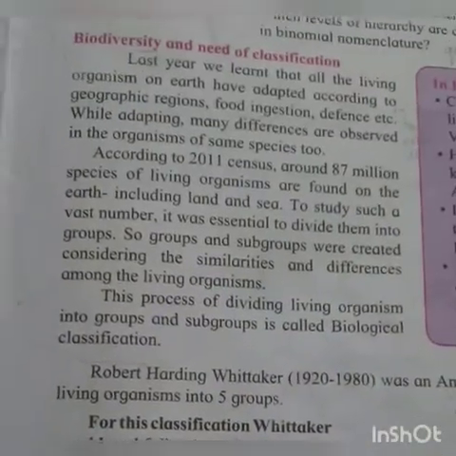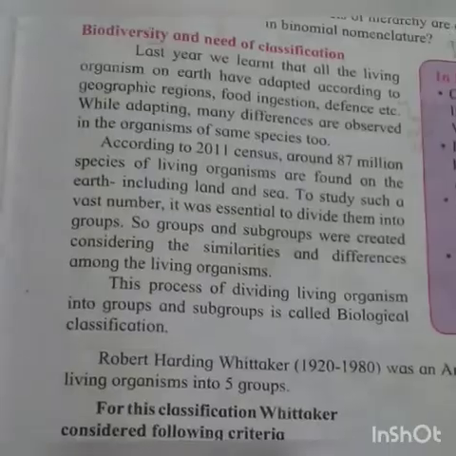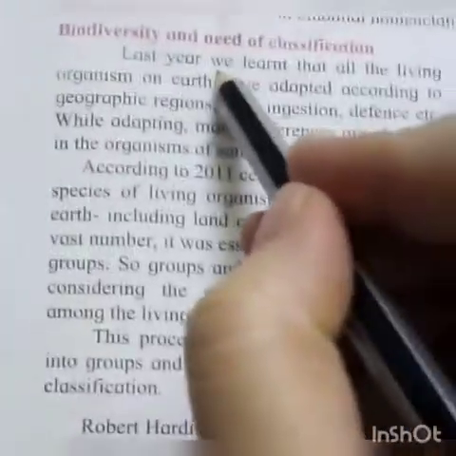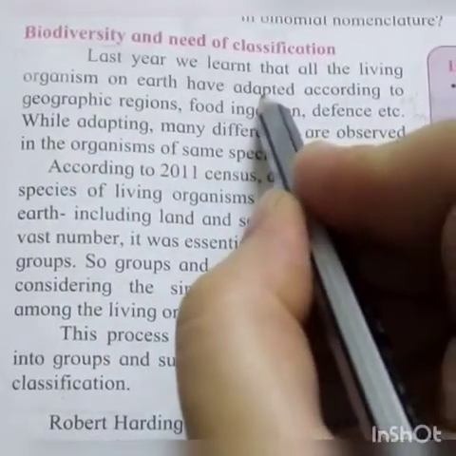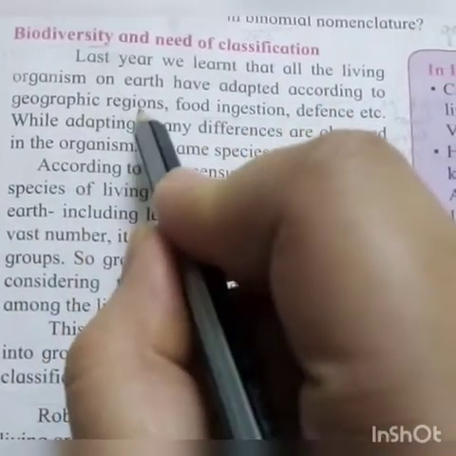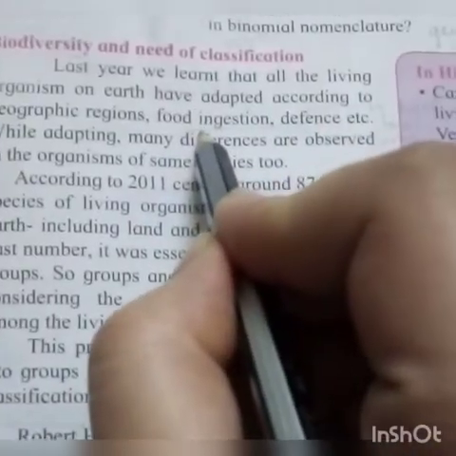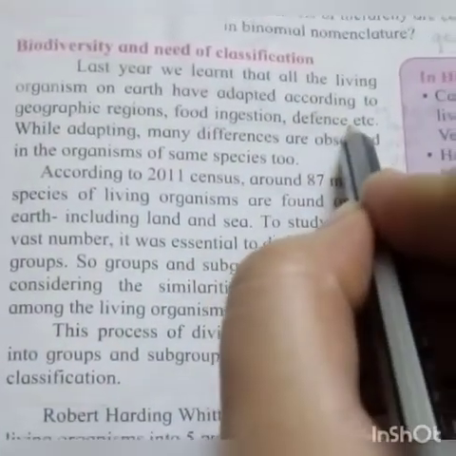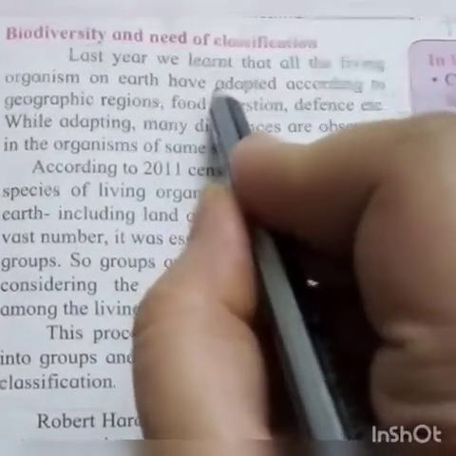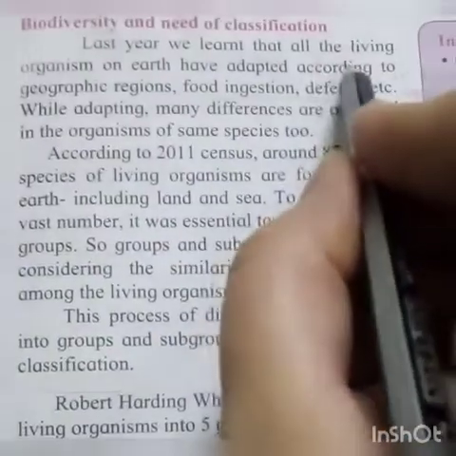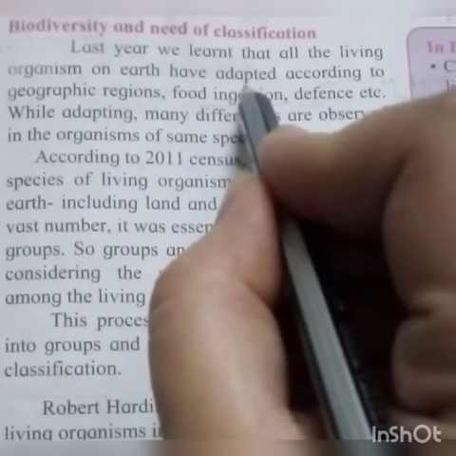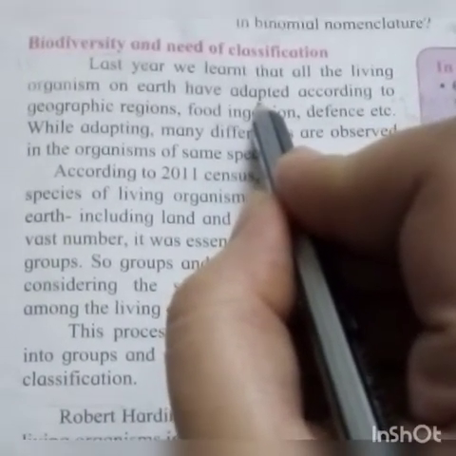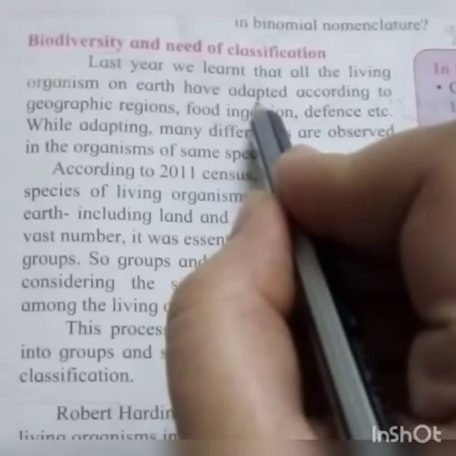Now we will see. Last year we learned that all the living organisms on the earth have adapted according to geographic region, food ingestion, defense, etc. That means they adapted some features to survive in a particular region.